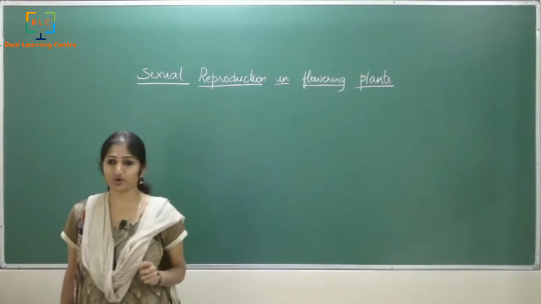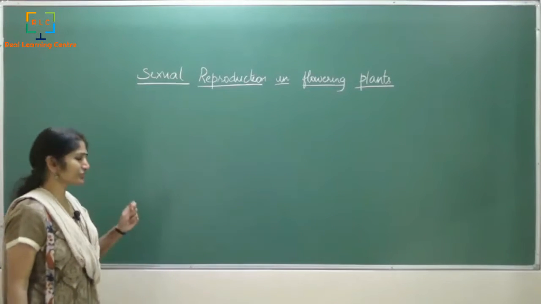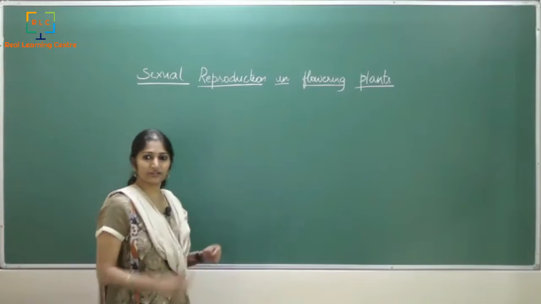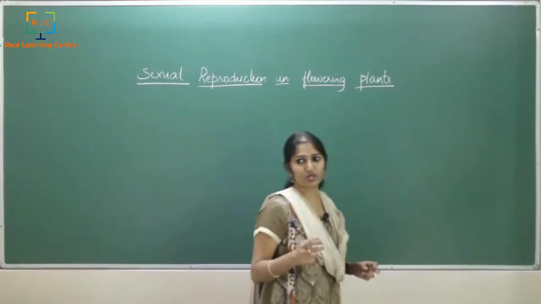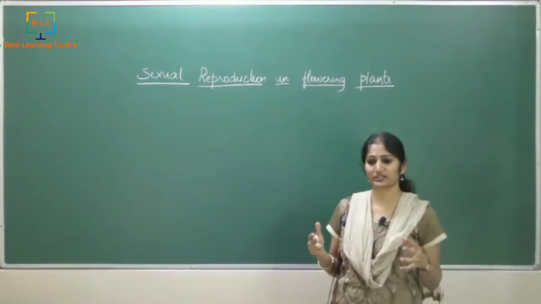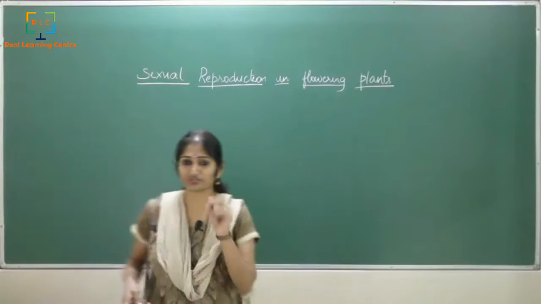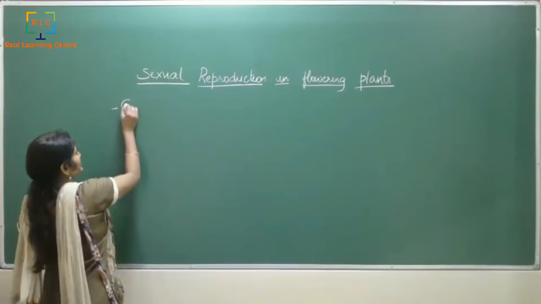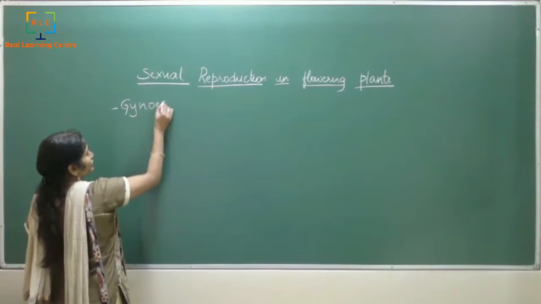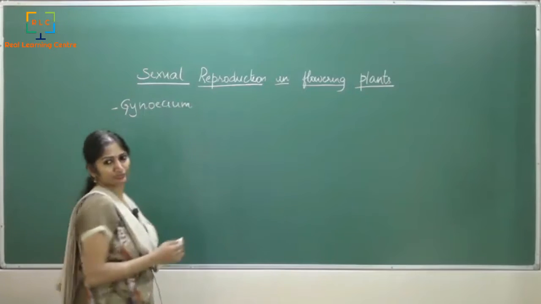So to start off, the innermost whorl in a flower is what is called the female reproductive part. That female reproductive part is what we call the gynoecium of a flower.